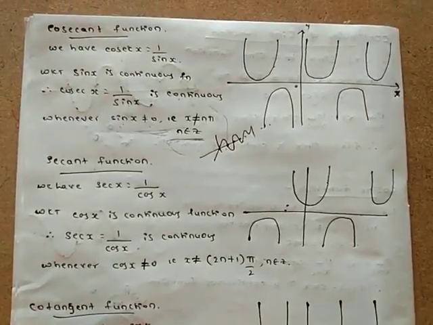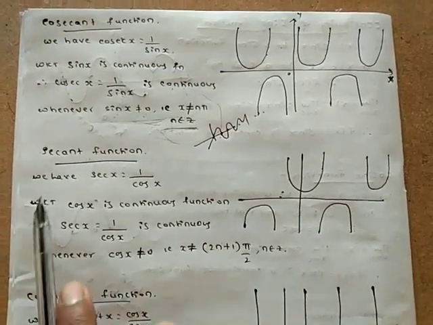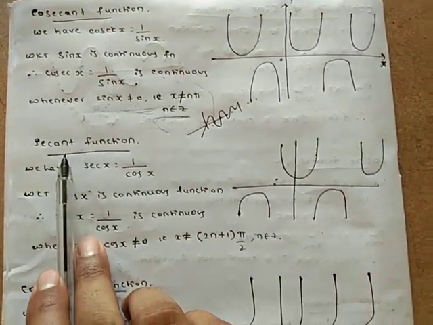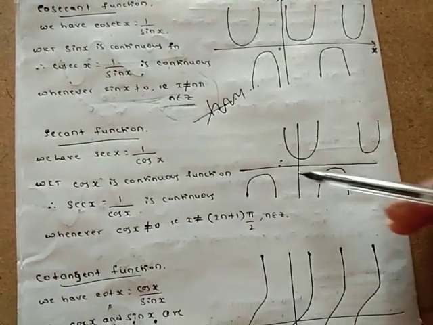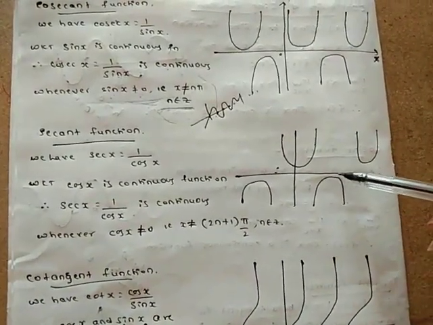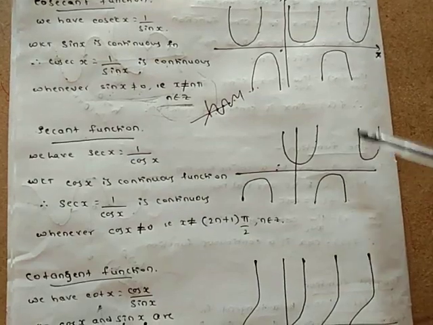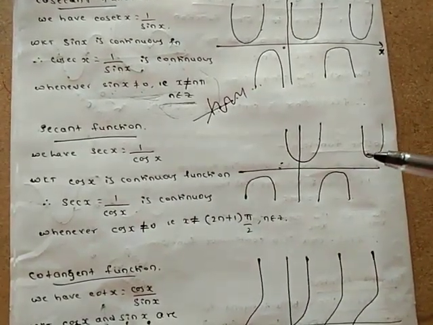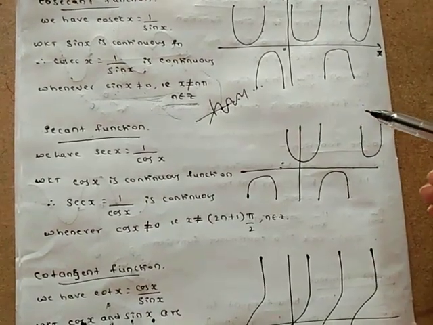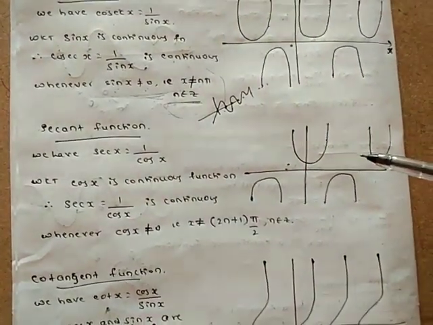So next function, the secant function. Observe the graph here. Wherever the points are defined, on those points the given functions are continuous. By the graph itself we can say that at certain points the function is not defined, and at particular points the secant function is defined.